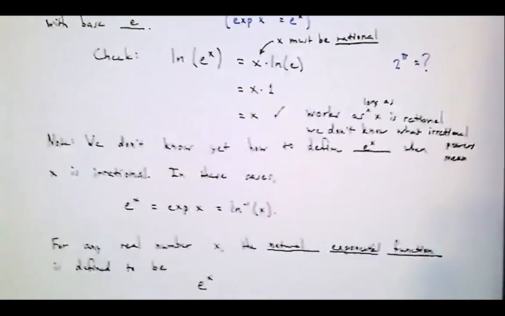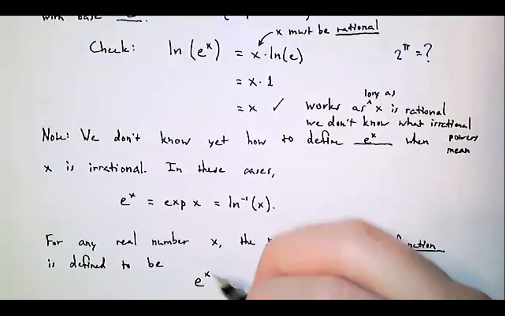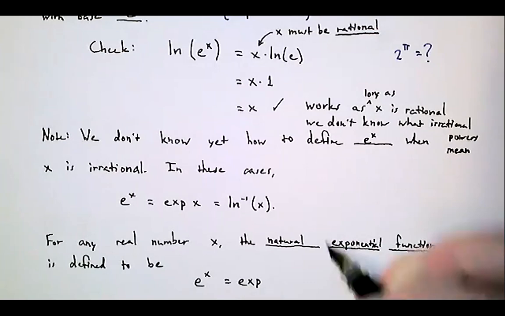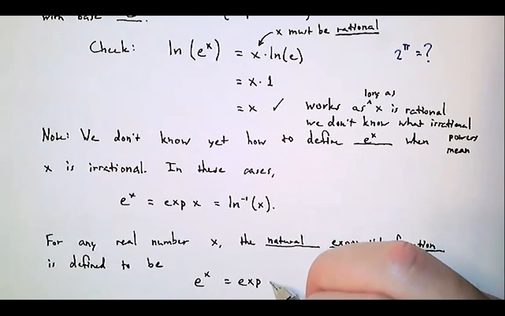That's the standard notation. But remember, in order to actually tell what those irrational powers are doing, we're really looking at exp, the inverse of the natural logarithm. So exp of x.